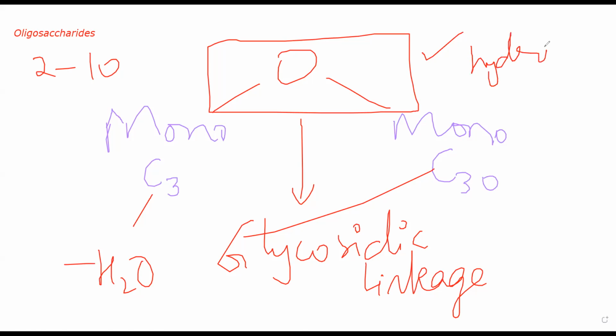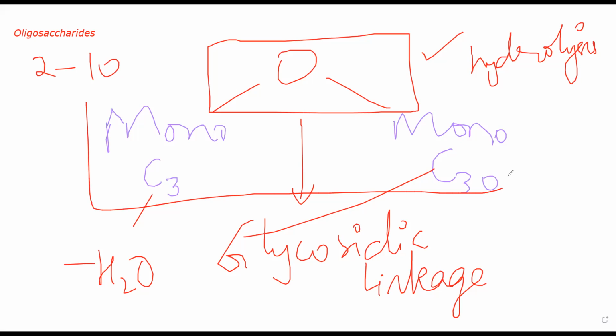Upon hydrolysis, upon addition of water, this bond will break, and you will get different numbers of sugar units depending on however many monosaccharides are attached. For example, if it is a disaccharide, wherein there are two monosaccharides, if you hydrolyze it you get two monosaccharides; if it is a trisaccharide you get three, a tetrasaccharide gives four, and so on and so forth.